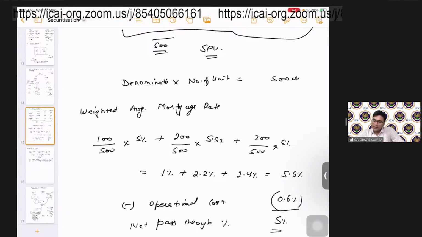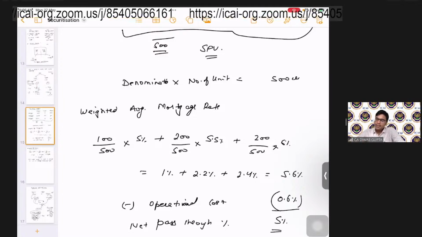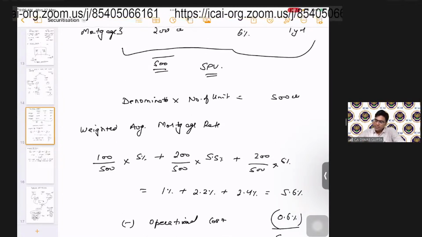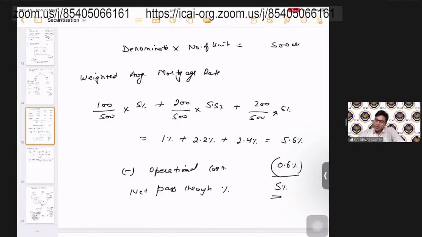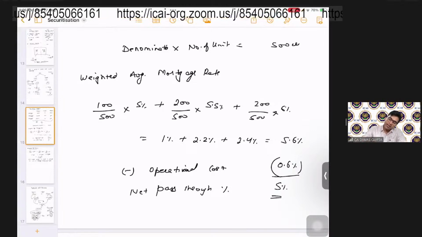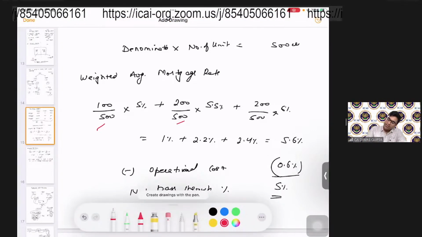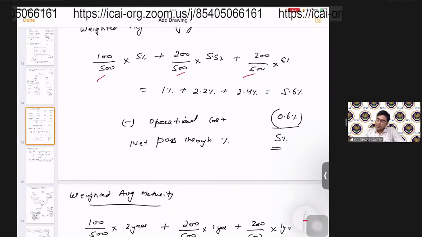So if we want to calculate, what is the weighted average mortgage rate? Can we calculate? Yes. If you understand that it is 5%, 5.5%, and 6% for the three mortgages, and what are the respective weights? The respective weights are 100 by 500, 200 by 500, and 200 by 500. Correct?